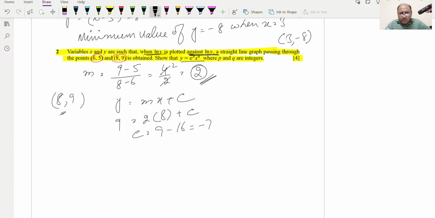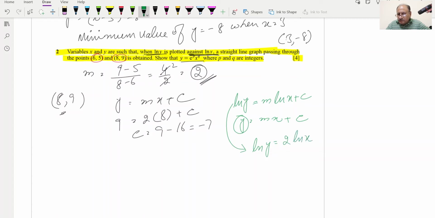So it will be log y is equal to m log x plus c, and in this equation we can write down the values: log y will be equal to, gradient is 2, so 2 log x, and value of c is minus 7, so we can write minus 7. Now this will be our equation.